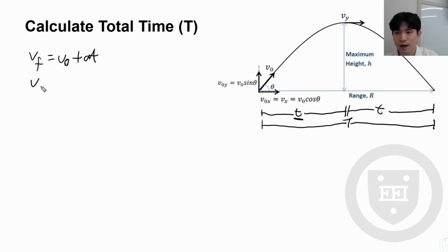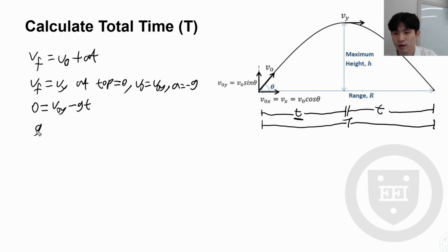Therefore, Vf is Vy at the top, which is 0, and V0 is V0y, and a is minus g. Therefore, 0 is equal to V0y minus gt. So gt is equal to V0y, and t is V0y over g.